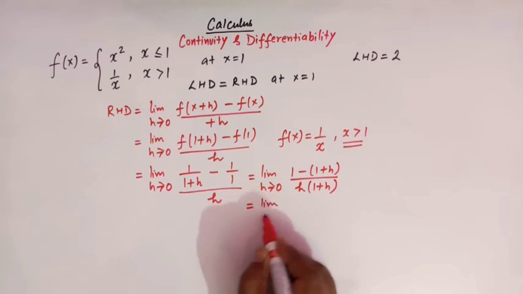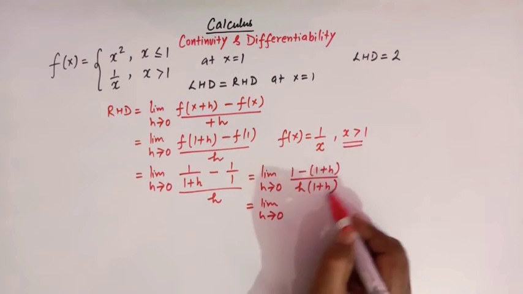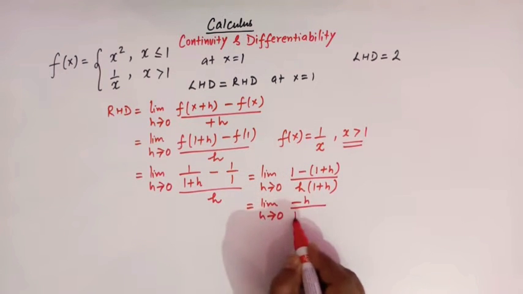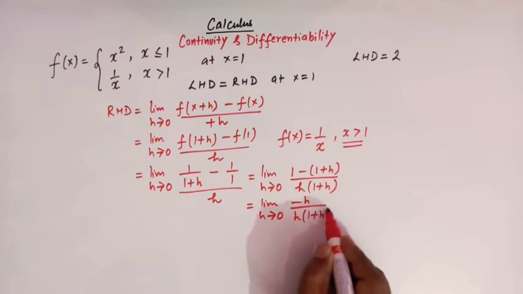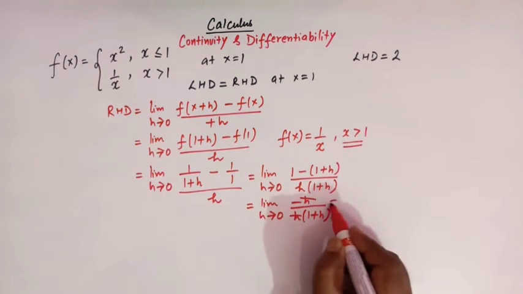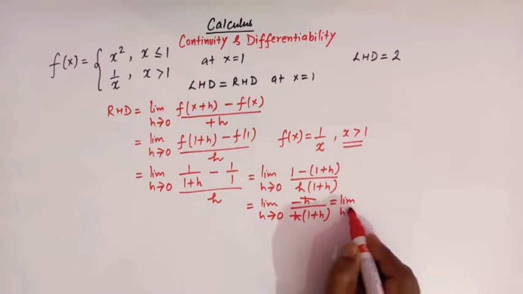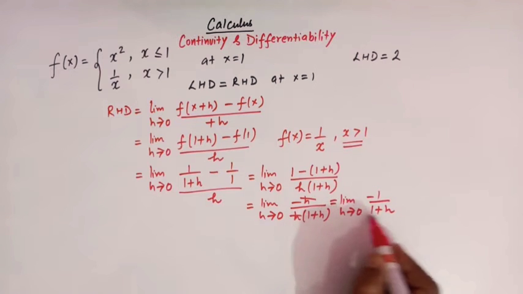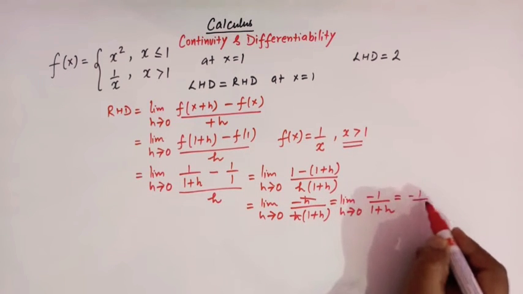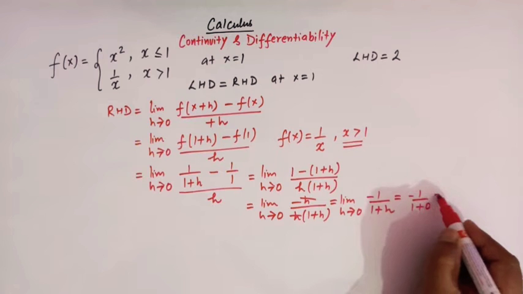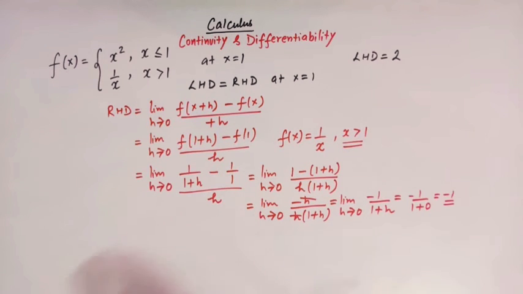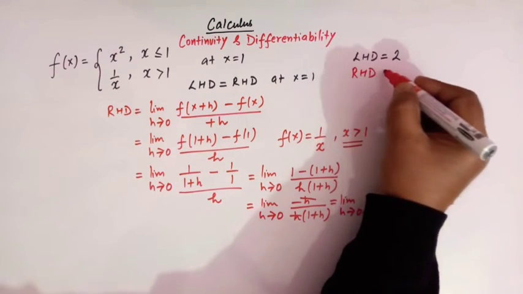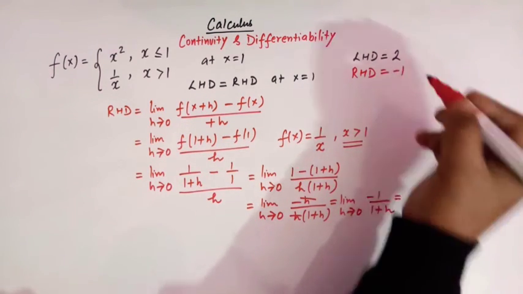So now this is limit h tends to 0. We have to simplify it, so 1 minus 1 is 0, so we have minus h over h times 1 plus h, h and h get cancelled, limit h tends to 0 minus 1 over 1 plus h. So now h is 0, so here we have minus 1 over 1 plus 0, that is minus 1, right? So the right hand derivative is equal to minus 1, right?